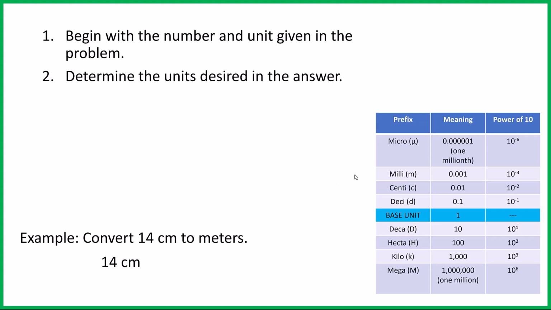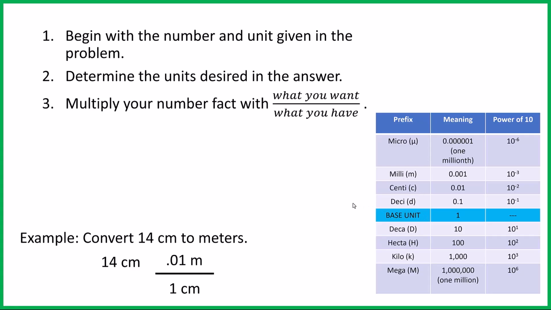We're going to determine the units desired in the answer, which here is going to be meters. And finding those on our chart here, we have centi, centimeters, and the base unit would be meters. Multiply your number by a conversion fact, with what you have, the given units, at the bottom, and what you want, the desired units, at the top.